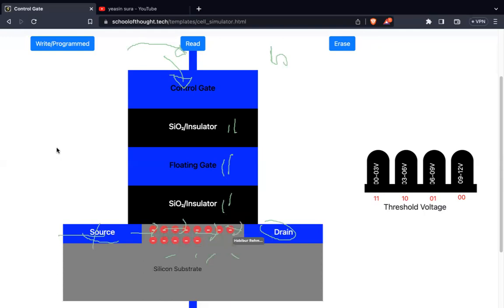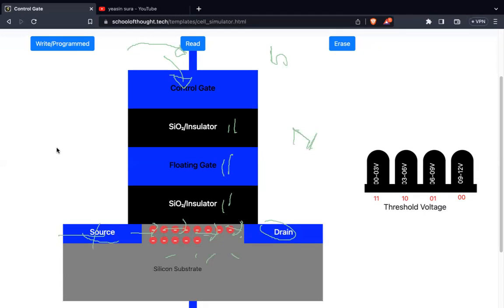If current can flow from source to drain, we can say it is not written. So we can say this value is 1. We take it as a 1. We can take it as a 0 as well, but we take it as a 1.